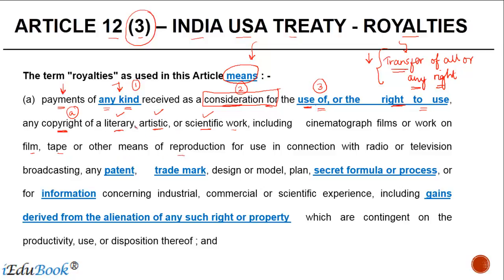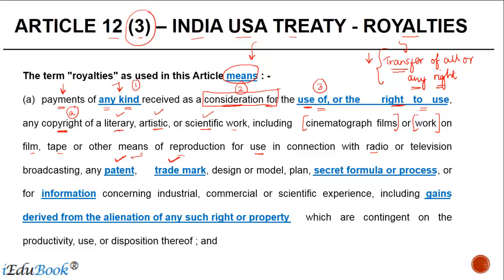So any of these works could be on tape or other means of reproduction for use in connection with radio or television broadcasting. So if there is a cinematographic film or work, which could be on any of these modes, which is for use in connection with radio or television broadcasting, any patent or a trademark.